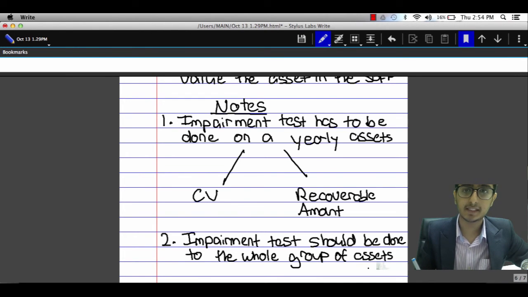Okay, this means that supposing you have 10 machinery in your business, and you want to do an impairment test on one, you should do it on all of the 10 assets, okay? Whole group of assets.